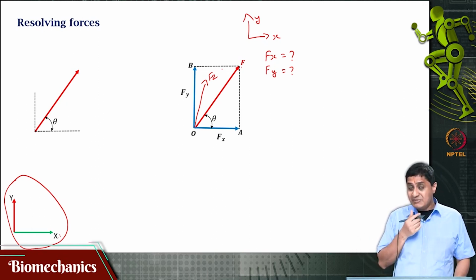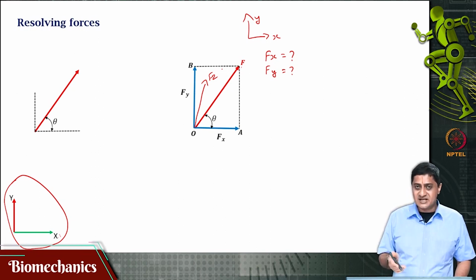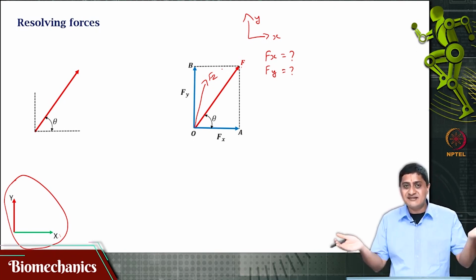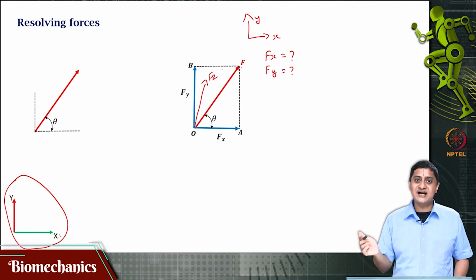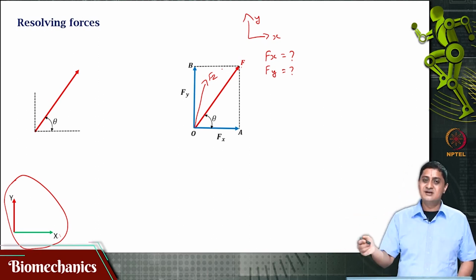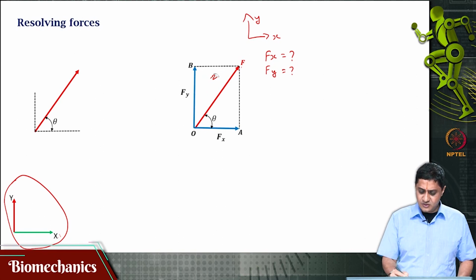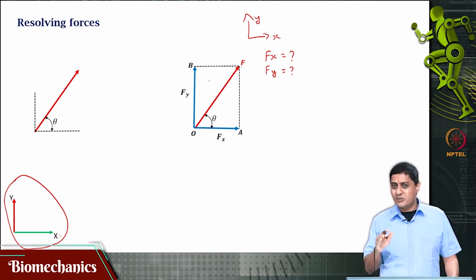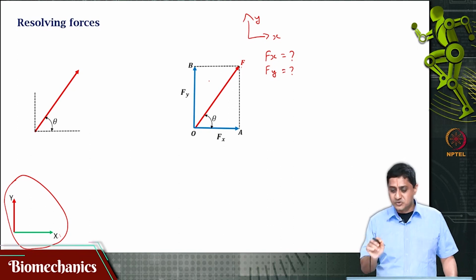So it makes sense for me to resolve F and F2 into corresponding x and y components, then sum them in the corresponding components and find the final result. So this is an expected application, and as you solve problems you will realize the use of this.